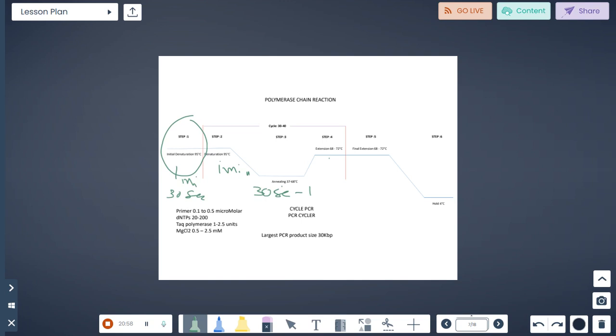Next step is the final extension. Why are we following it? Suppose this is the template, and when the PCR product is formed, you may expect that it should be formed up to this place. But most of the time, in the actual PCR reaction, it may extend up to here only.